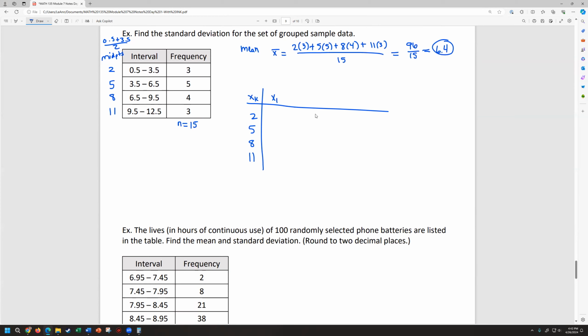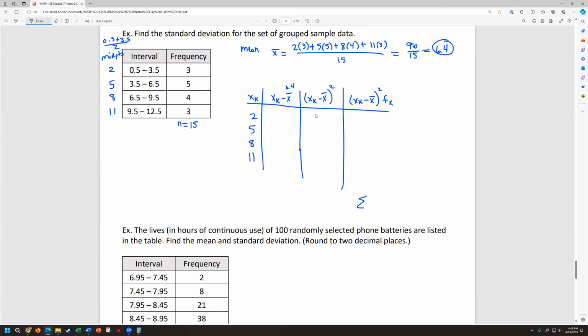We're still going to take each of those and subtract our mean, which in this case is 6.4. I like to write it in there so we see what it is. We're going to square those, and then there's one extra step before we can sum it. When you're dealing with a frequency distribution, so you have the frequency table and the intervals, you have to take that squared part you just got and multiply it by the frequency for that specific row, so f sub k, whatever that row is, and then you can sum this.